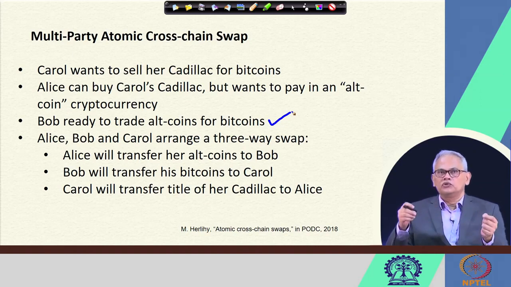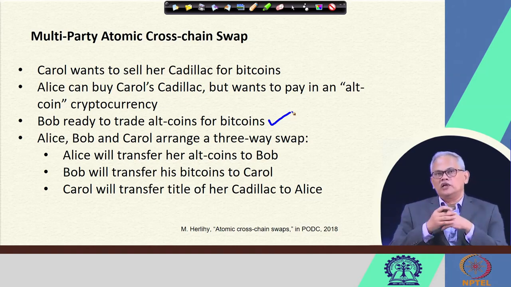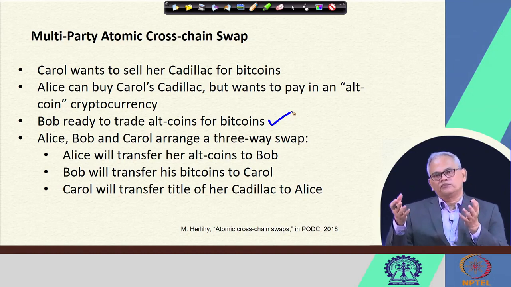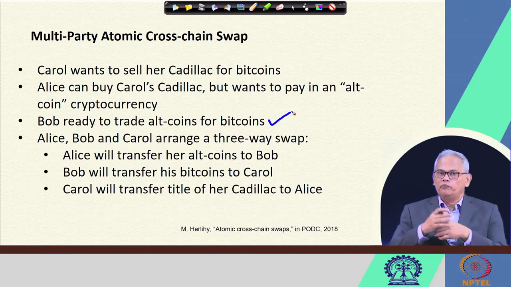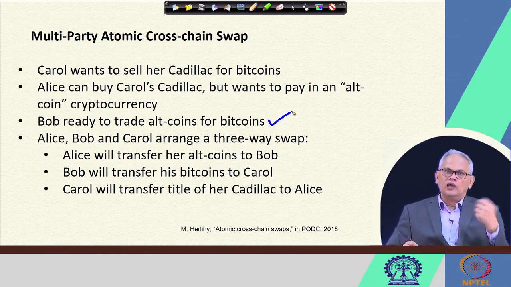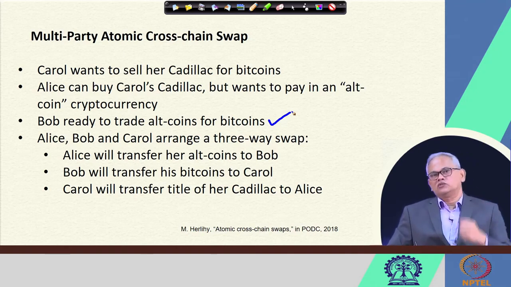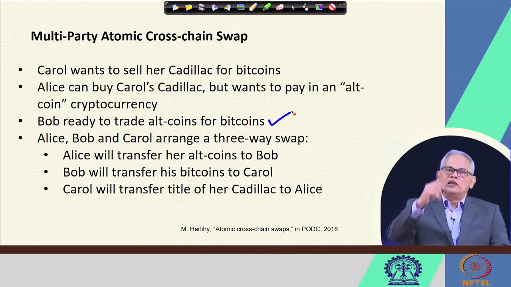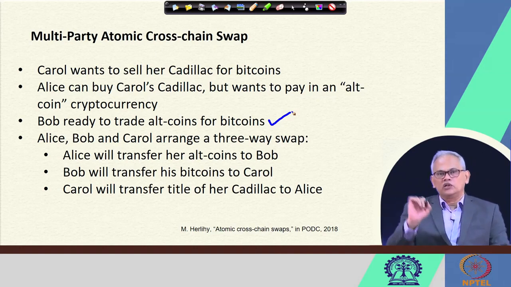What we need to do is that Alice has to transfer her altcoins to Bob, because once Bob gets those altcoins, Bob is willing to pay the equivalent in Bitcoins, but to whom will Bob pay? He will pay to Carol, because Carol is interested in getting paid in Bitcoins. So, instead of getting paid directly from Alice, Carol gets paid from Bob. That is all it is doing.